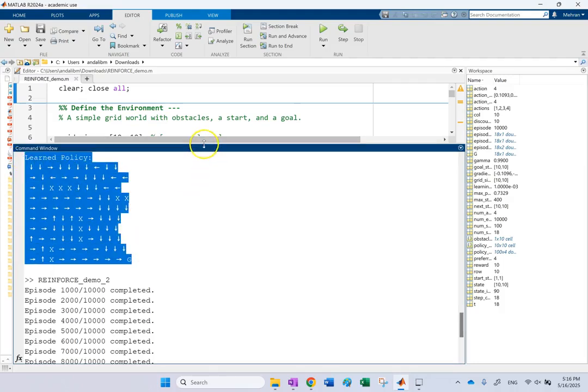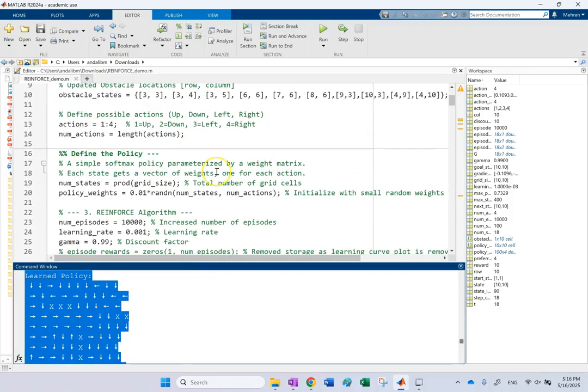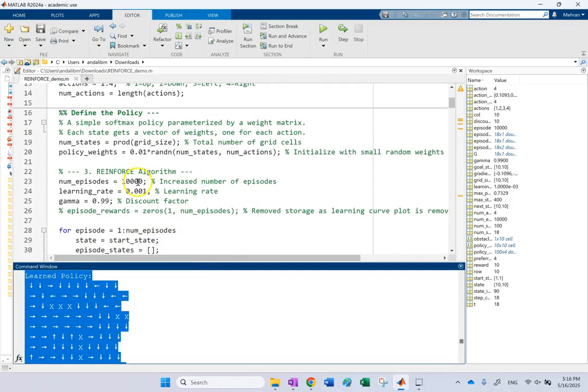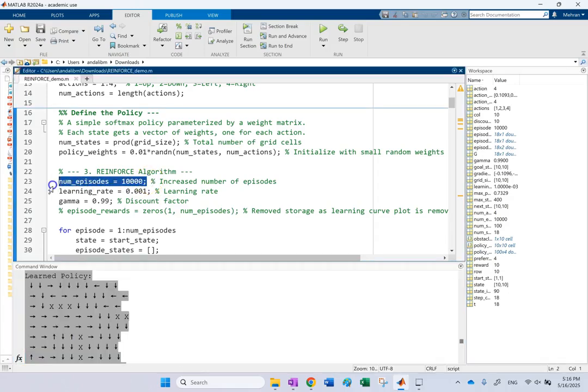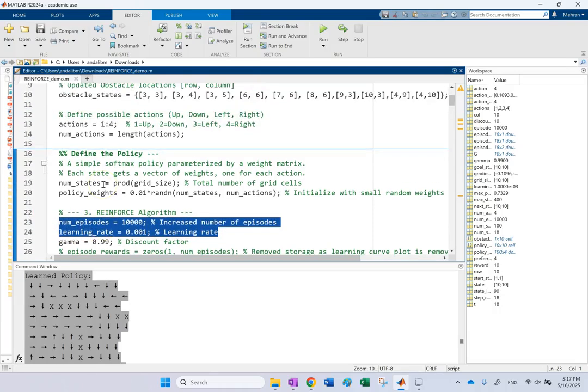And one of the things you want to do with REINFORCE is let it go through lots of episodes. If you don't give it enough episodes, this method, because it's a simple gradient ascent, what we call a vanilla gradient ascent, might not necessarily converge, especially if you don't schedule the learning rate. So this is a simple optimization technique, okay? It cannot handle all of the local maxima and everything.